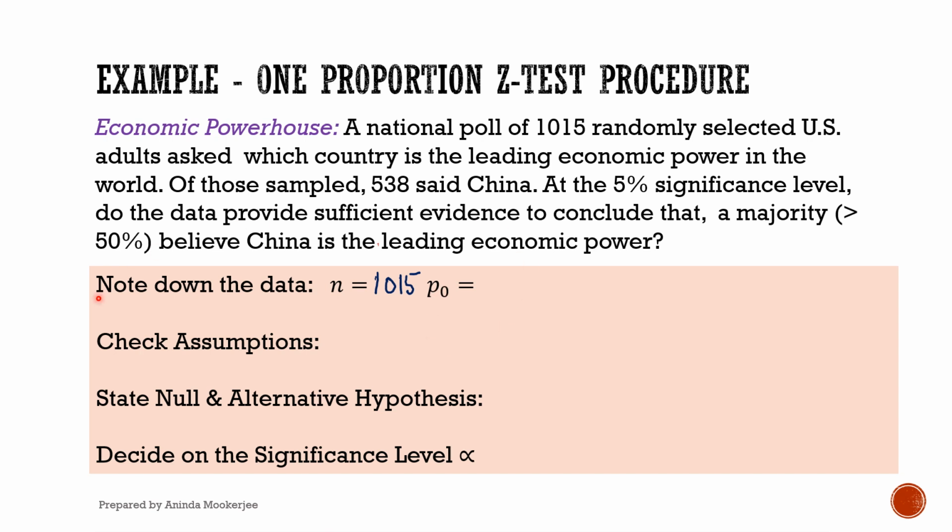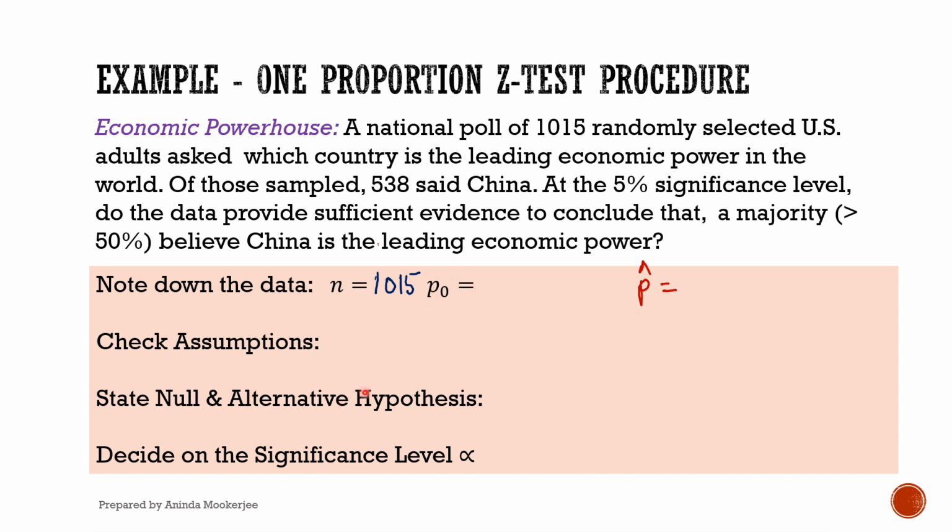Now this question here, when it says note down the data, this p sub 0 is not p hat. Keep that in mind. All right. P hat is the sample proportion. P sub 0 refers to the null hypothesis proportion.